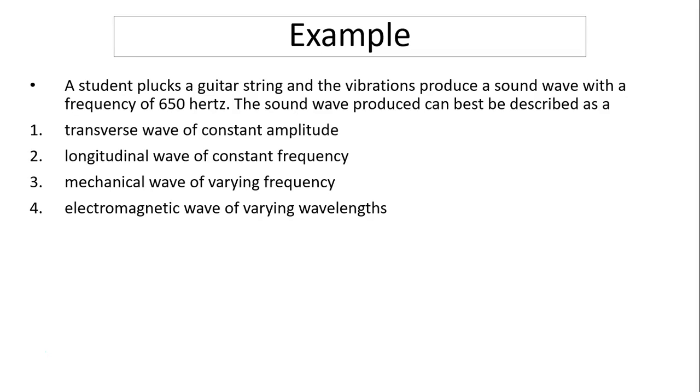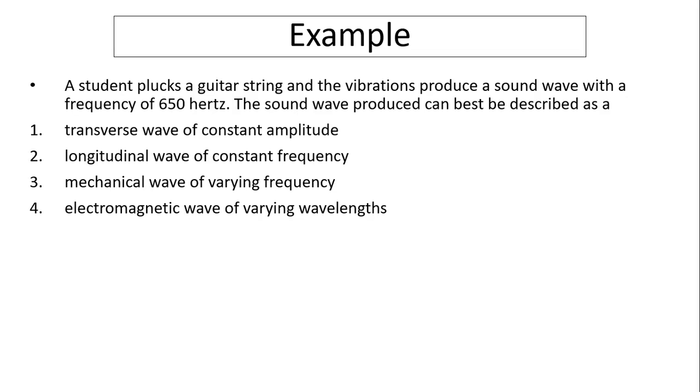Let's take a look at a couple of examples. A student plucks a guitar string and a vibration produces a sound wave with a frequency of 650 Hertz. The sound wave produced can best be described as: a transverse wave of constant amplitude? A longitudinal wave with constant frequency? A mechanical wave of varying frequency?